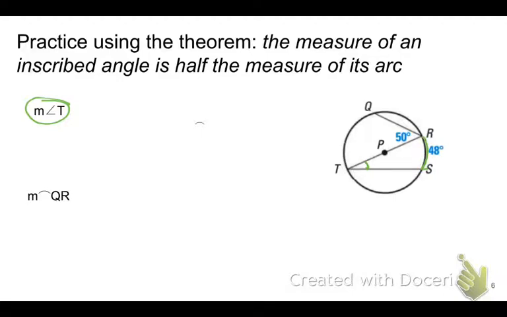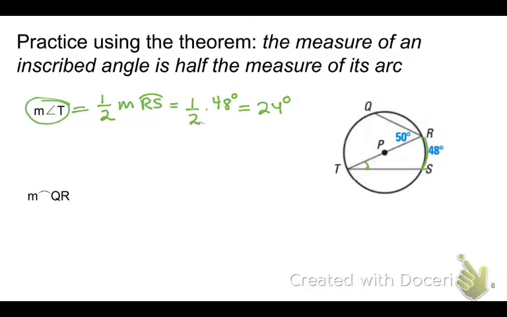And remember, the T is going to be smaller, so the measure of angle T is going to be 1/2 the measure of arc RS, which equals 1/2 times 48 degrees, and that's going to equal 24 degrees. Okay, easy peasy.